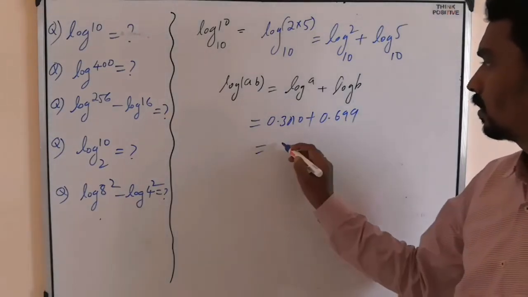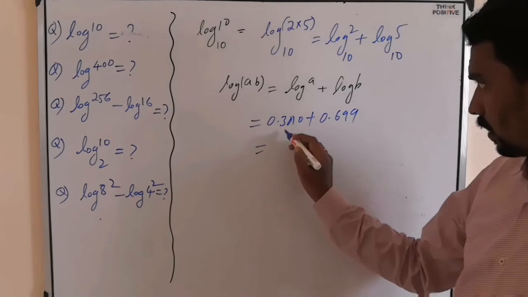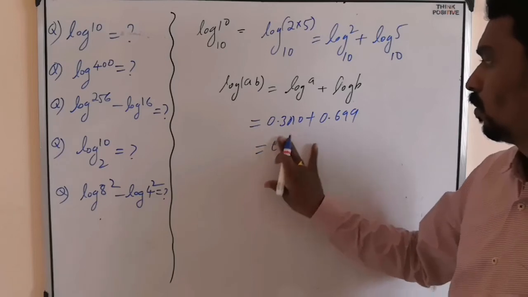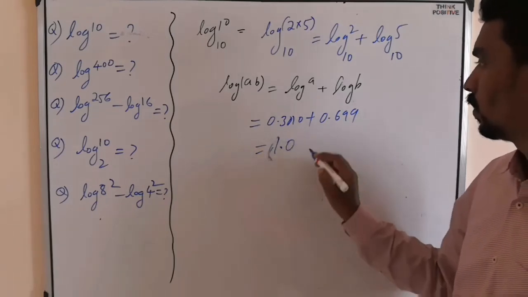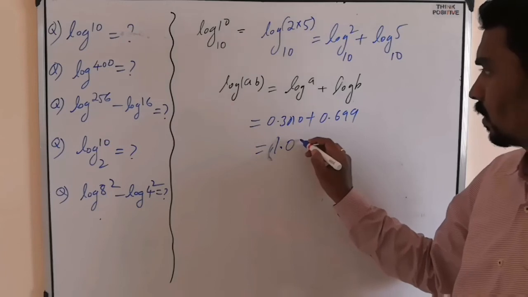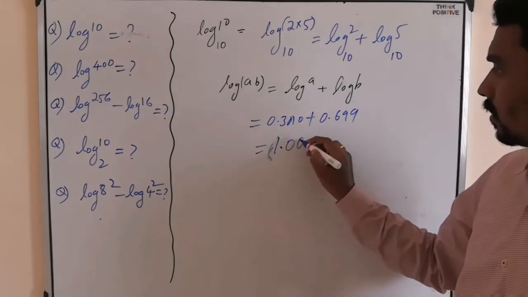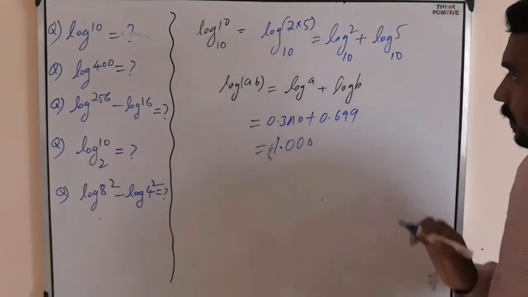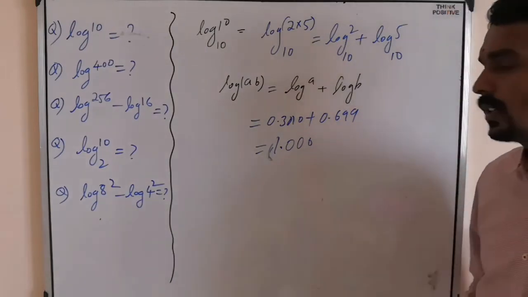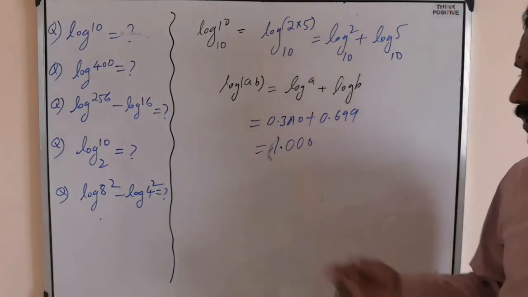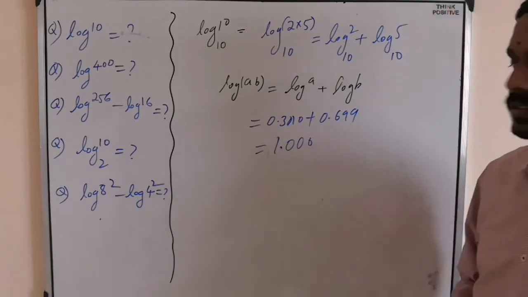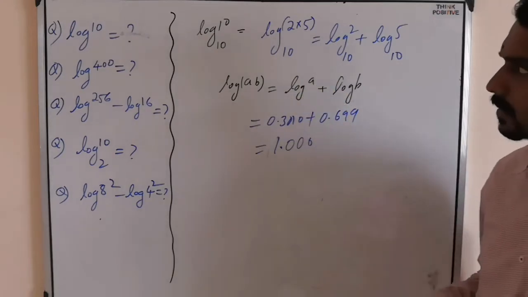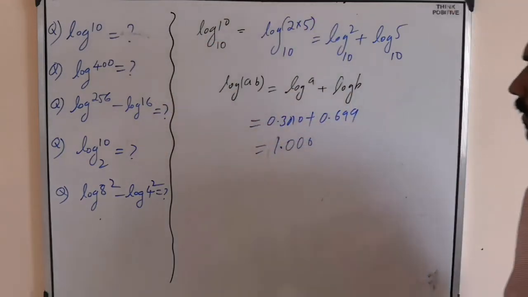So that gives 1.000. Correct. So this way you can apply the simple logarithmic formulas. Now, in a similar way, take the second question.